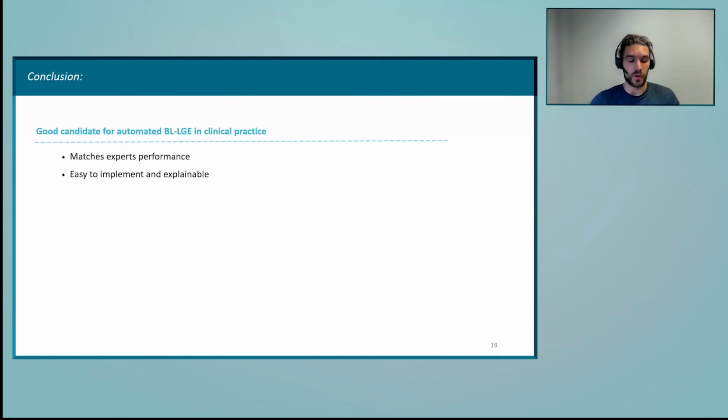We could visually see why the algorithm selected this inversion time, and the goal would be to provide information inline, if it's possible to visualize it inline. And it can also be extended to other black blood sequences. We tested with T1 rho preparation, but it's not restricted to this because it can be used for every sequence that uses TI scout.